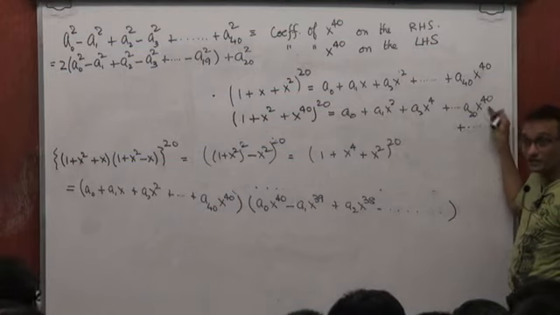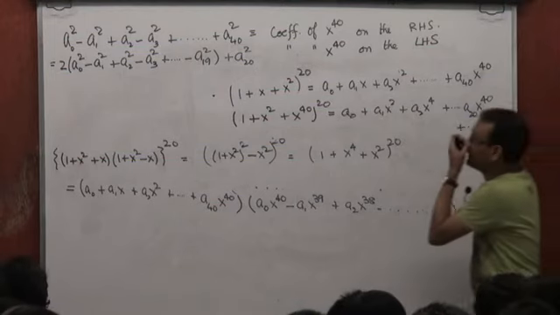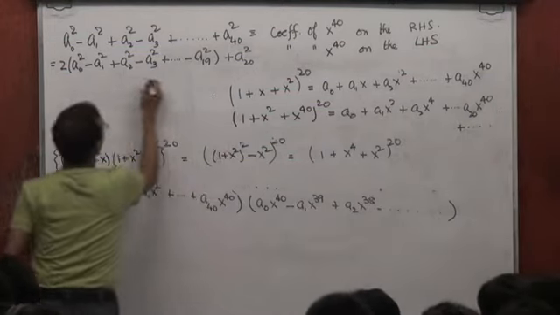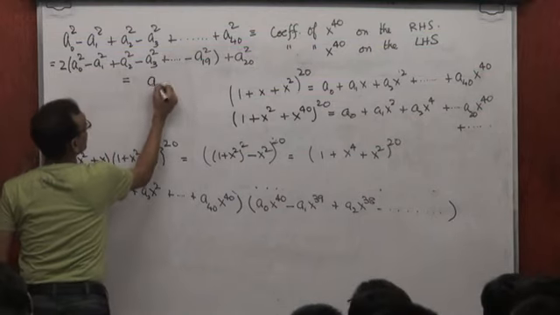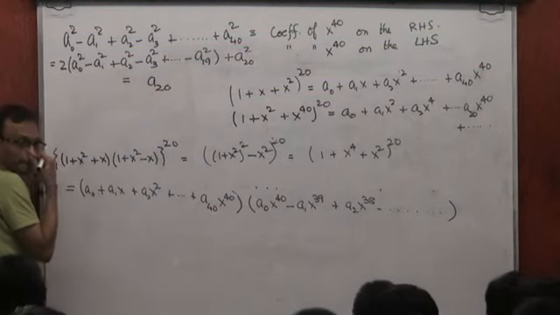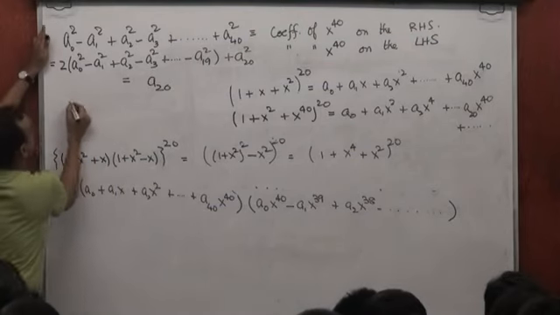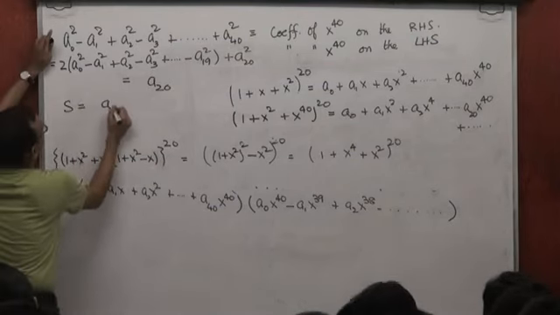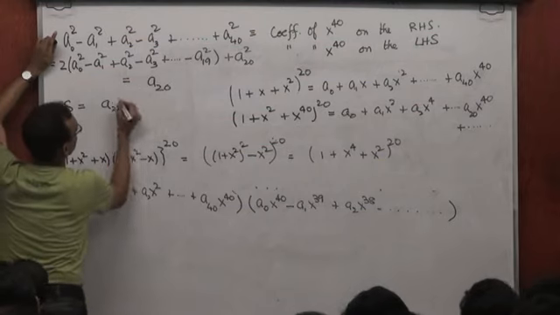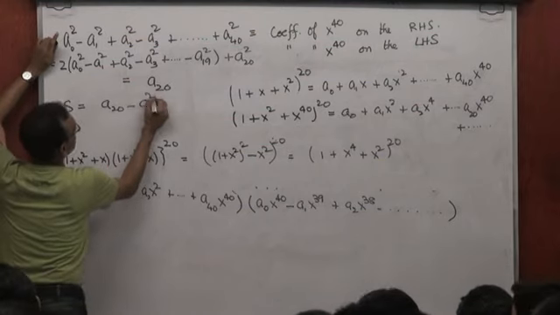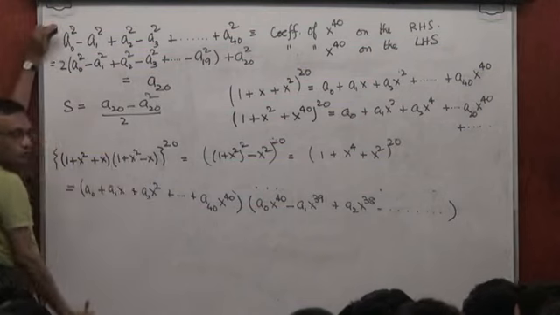Yes or no? Coefficient of x power 40 is a20. So this then must be a20. So the required summation S would be a20 minus a20 squared divided by 2.